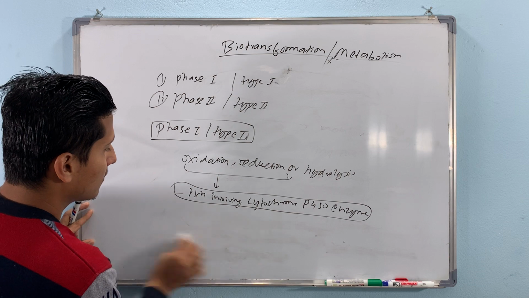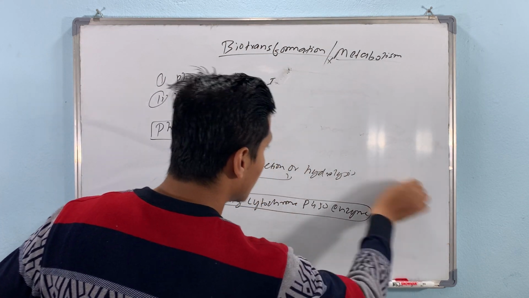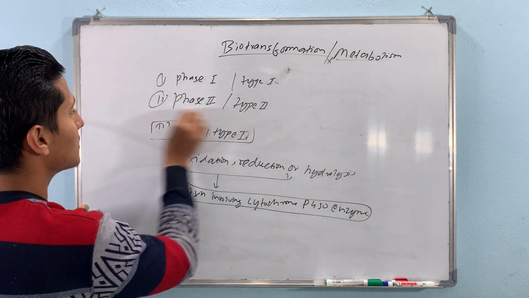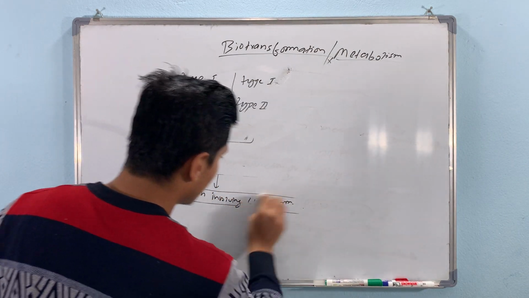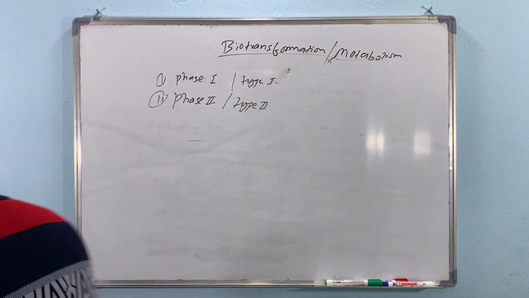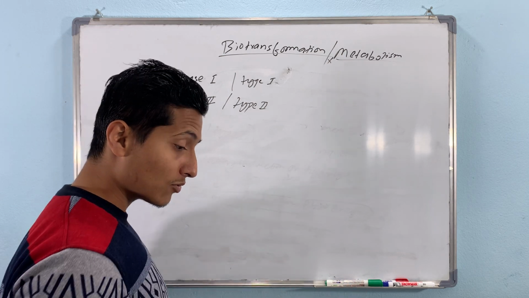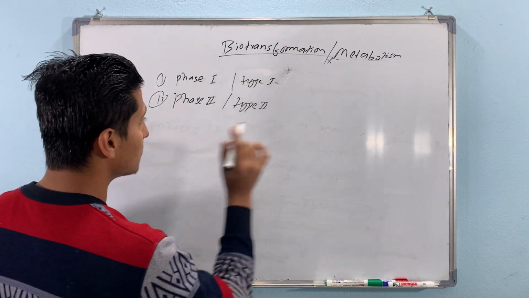So when talking about these cytochrome P450 enzymes, there are some basic things we have to keep in mind, and I'm going to draw them in a table. So we're talking about the cytochrome P450 enzymes. There's some basic information you have to know.